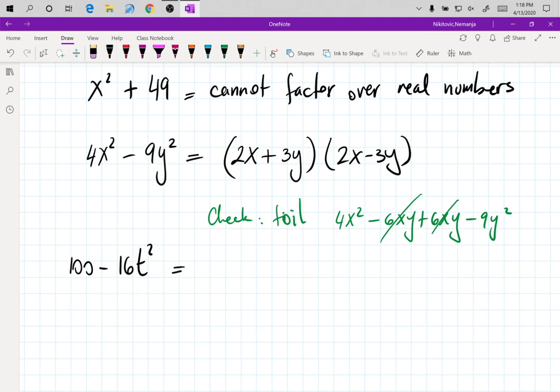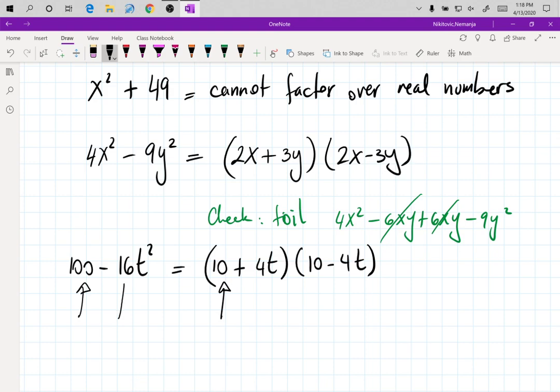They don't have to be perfect squares, but it's nicer if they are. So 10 plus 4t, 10 minus 4t. The square root of 100 is 10. The square root of 16 is 4. And t squared becomes a t. Repeat the same one with a minus sign.